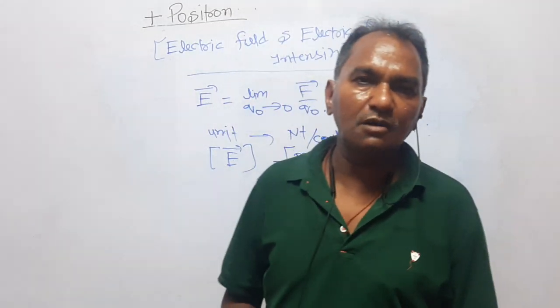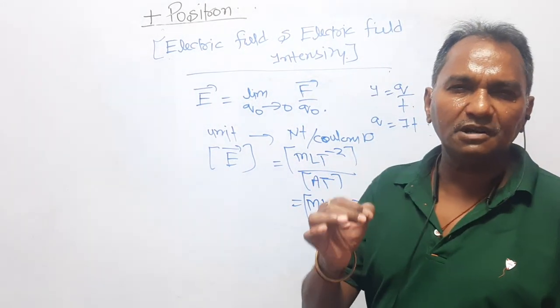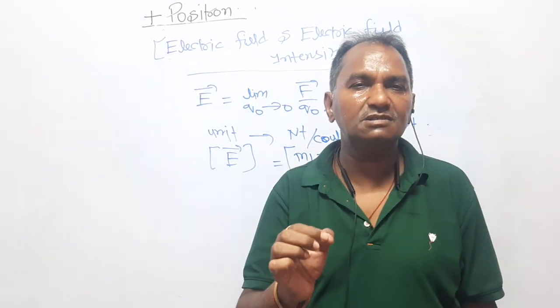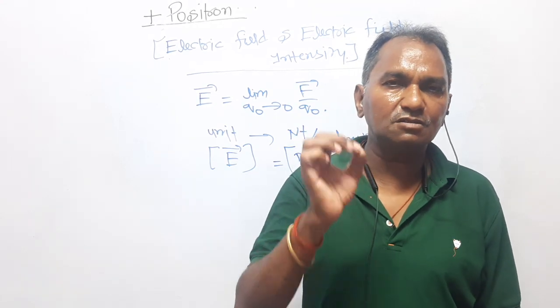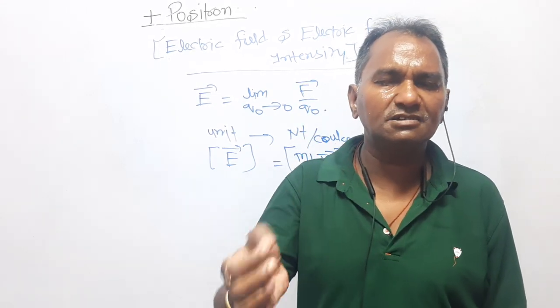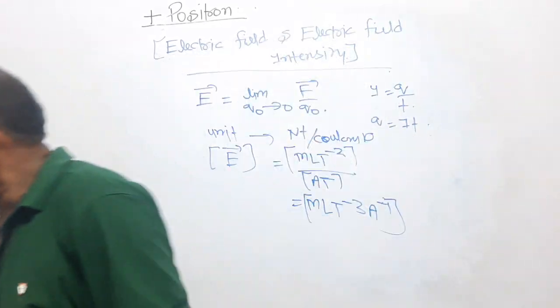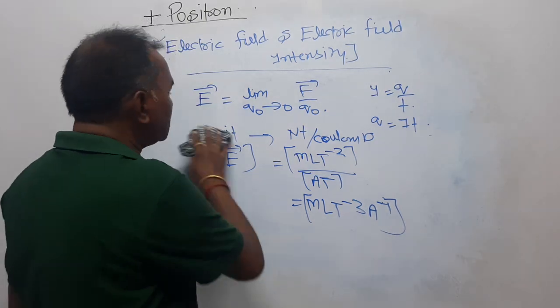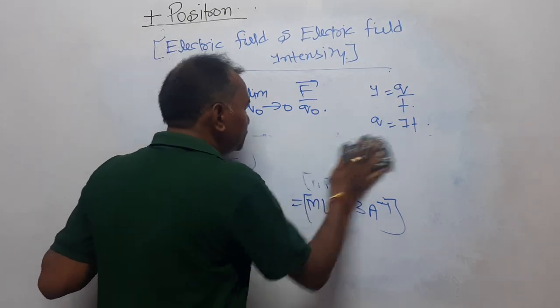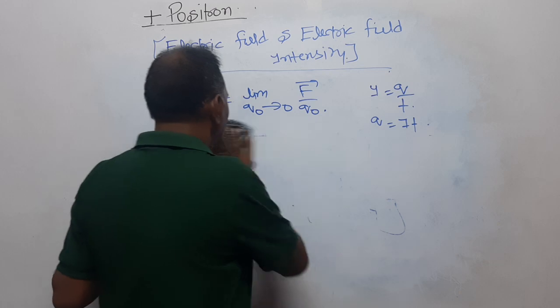Again, I am repeating my words. Dear students, how will you define the electric field intensity? It is the force experienced by unit positive test charge kept at a point. Now, what I have said is that the nature of electric field intensity is actually force. It is a force, right?